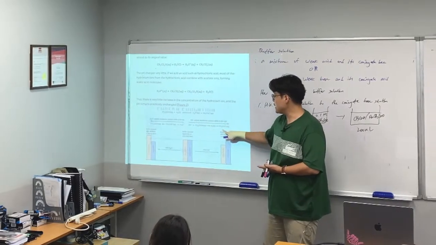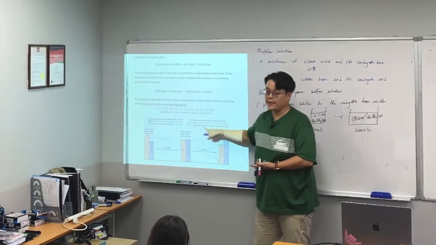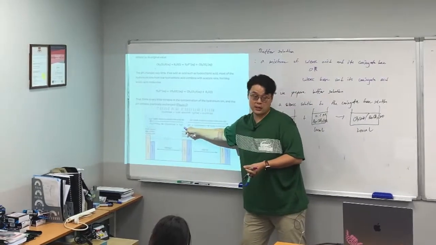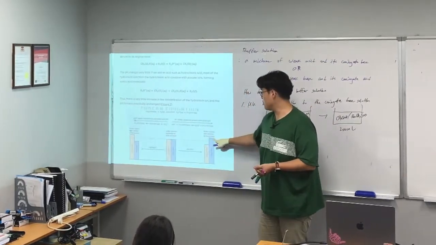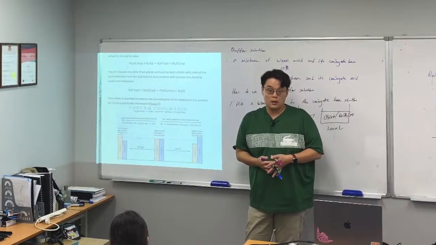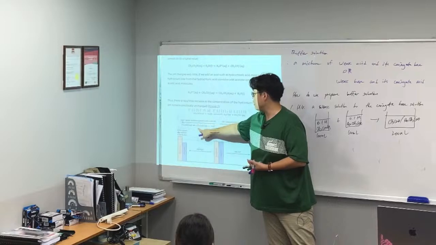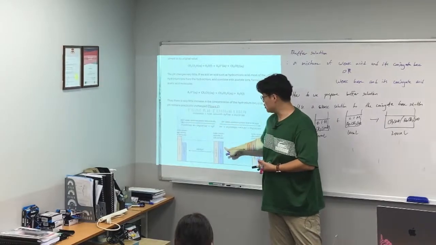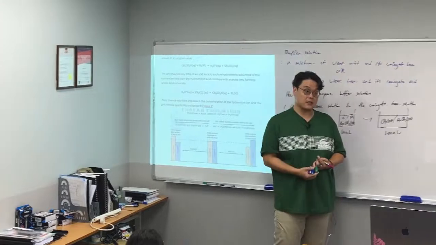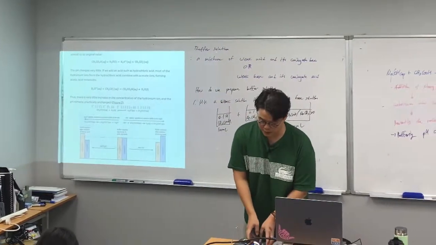Therefore, it's releasing the acetate instead of the hydroxide. Acetate is a weaker base than the hydroxide itself, so it's buffering, minimizing the pH change. The same thing happens when we're adding some hydronium ions, or putting some acid into the system. It increases the amount of the acetic acid, so it minimizes the change of the pH of the solution too.